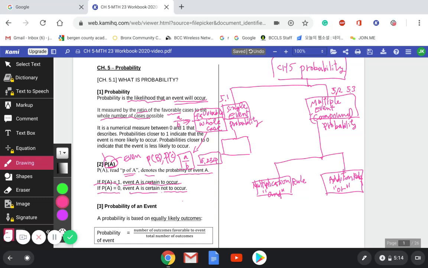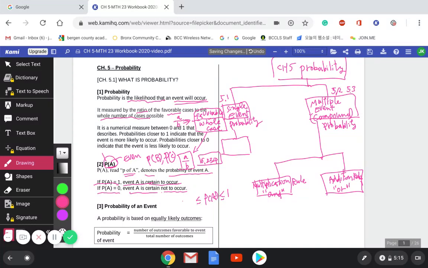So the probability of A is always less than or equal to 1, which means always happens, and greater than or equal to 0, which means it sometimes never happens.